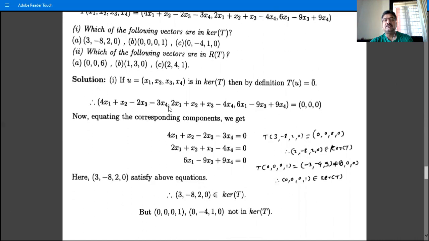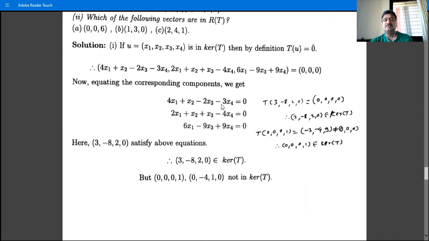So comparing each component to 0, we have this system, and if this system is satisfied for x1, x2, x3, x4, then we say the vector belongs to the kernel of T.